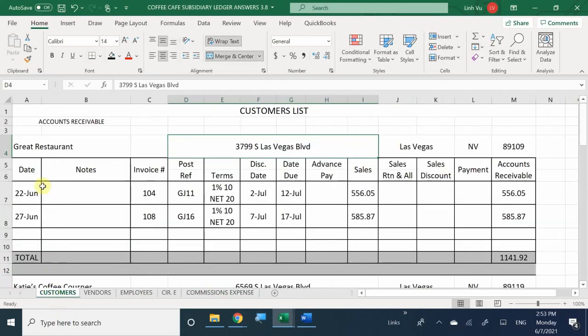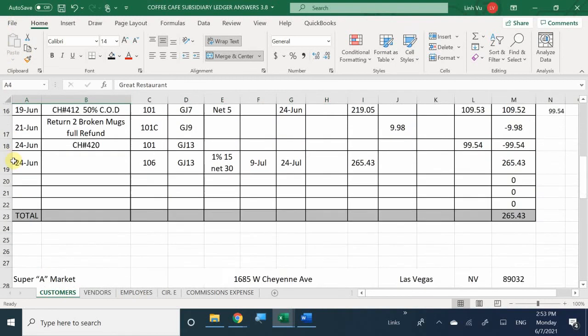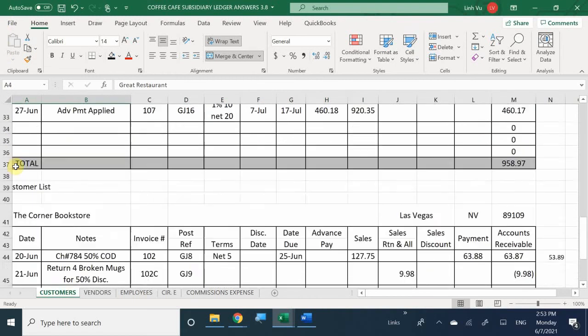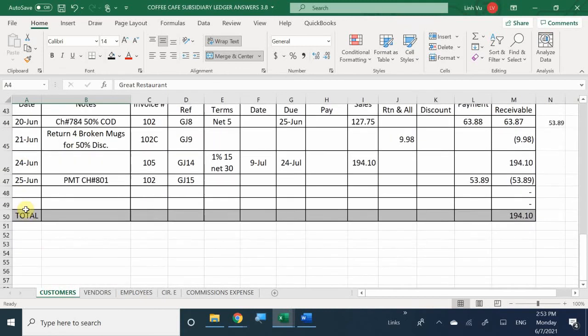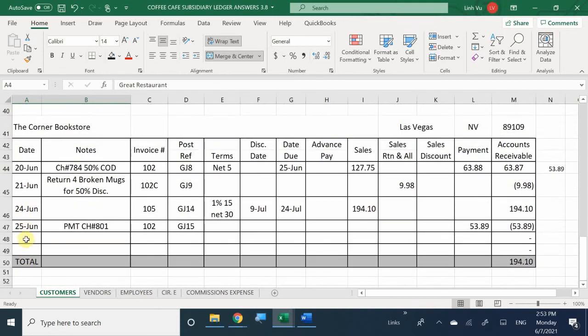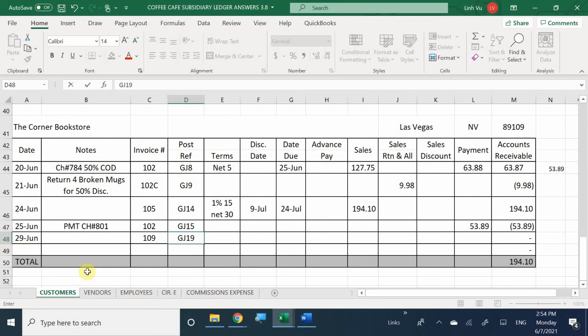So then go to customers. Corner Bookstore. 6.29. Invoice 109. GJ 19.